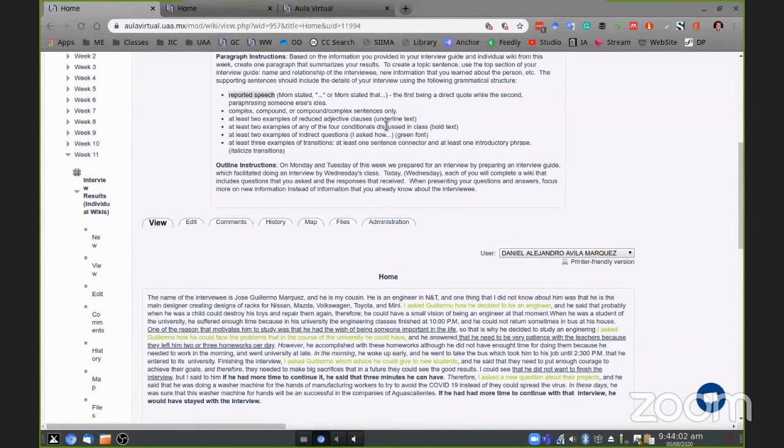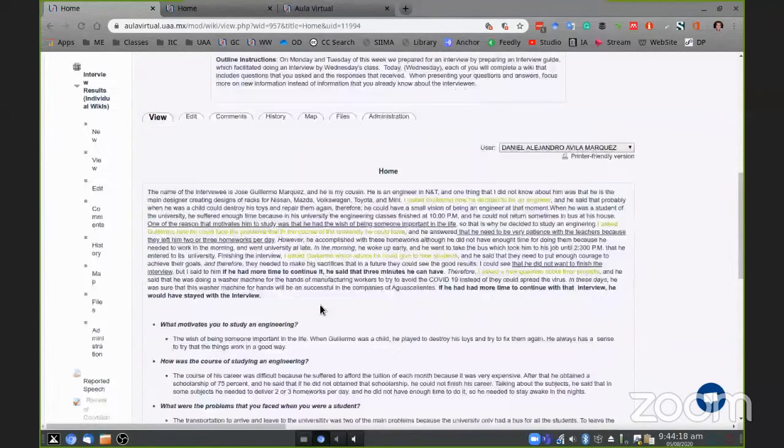Conditionals in bold text. Make sure that you include your indirect questions and put those in a green color, and make sure that you italicize your sentence connectors or your transitions more generally. Now, the thing I want to look at here first, Danny, is your first sentence, your topic sentence.